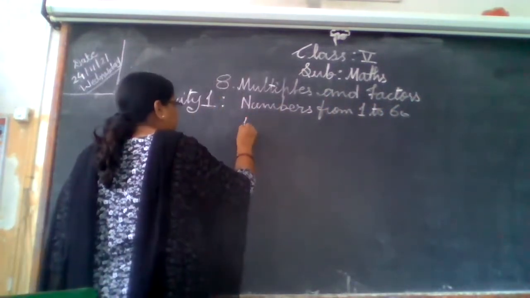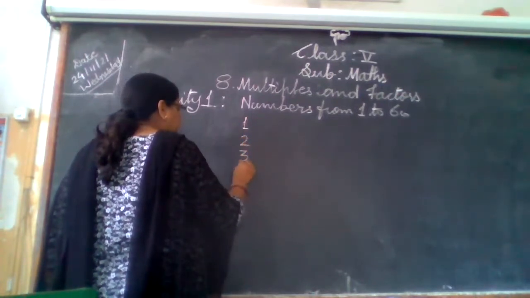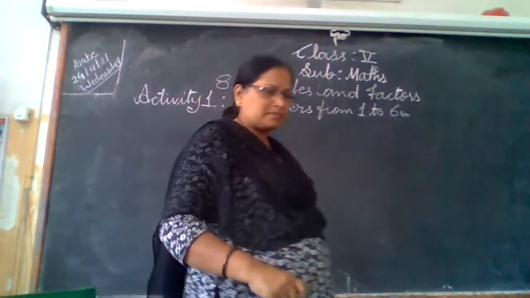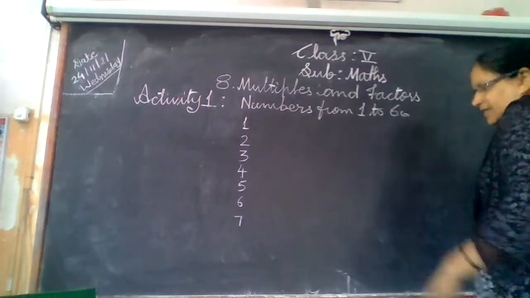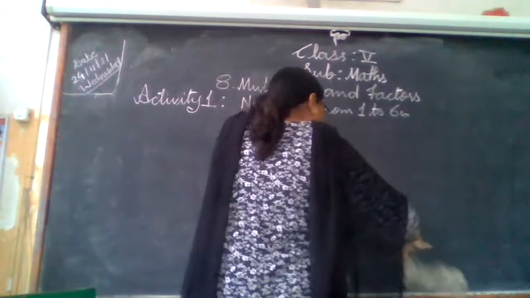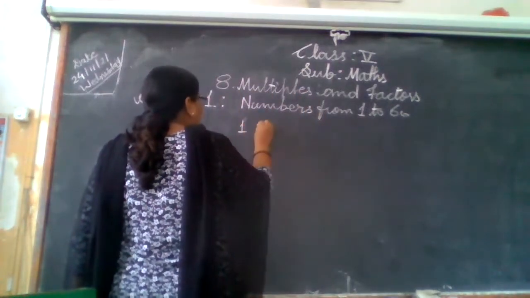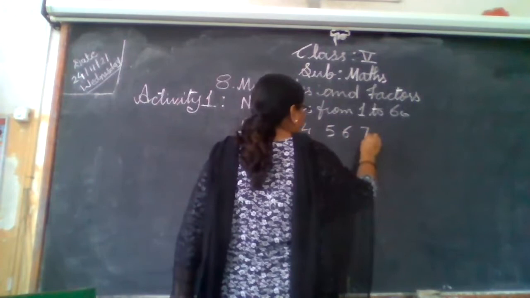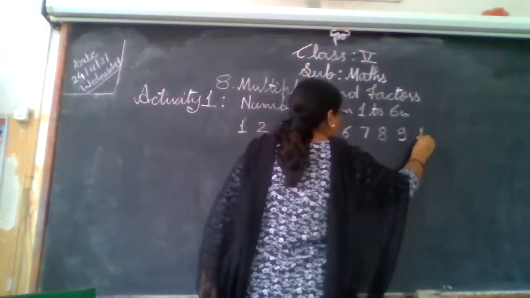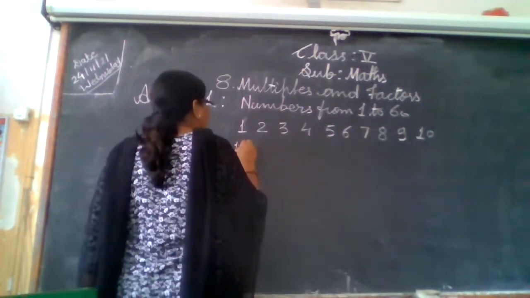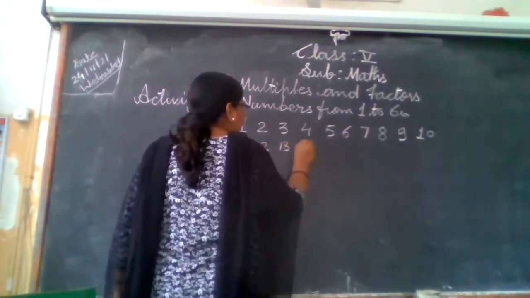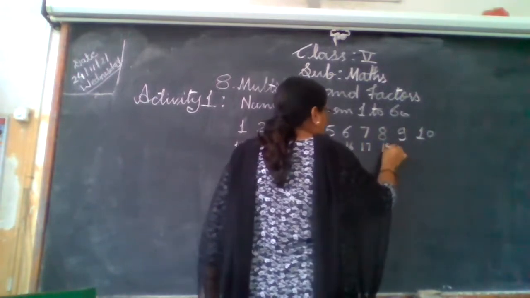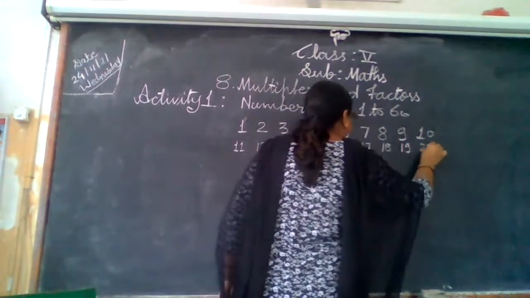Okay, so let's write the numbers. 8, 9, 10, please. Start writing horizontally. 1, 11, 12.